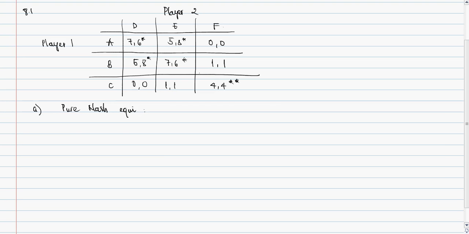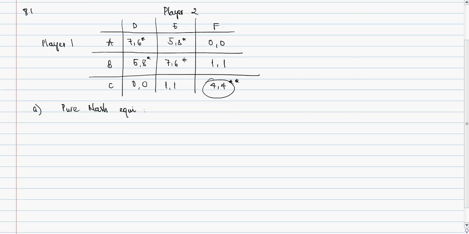So the Nash equilibrium is going to be the pair of strategies including 2 stars. It's only this one that has 2 stars here. So it's a common optimal strategy for both players: the best strategy for player 1 given the strategy by player 2, and given this strategy by player 1, this is the best strategy for player 2.